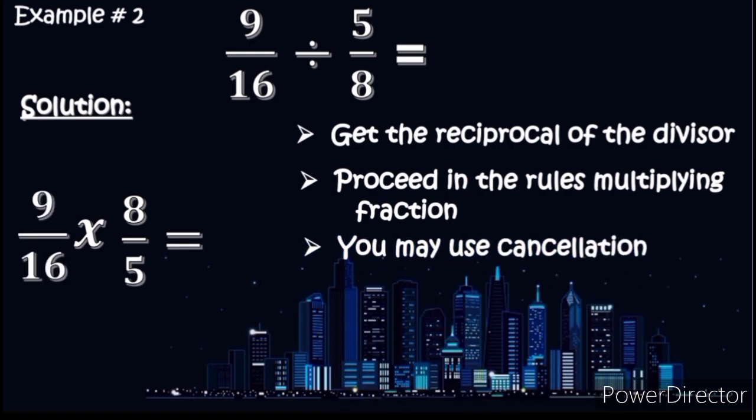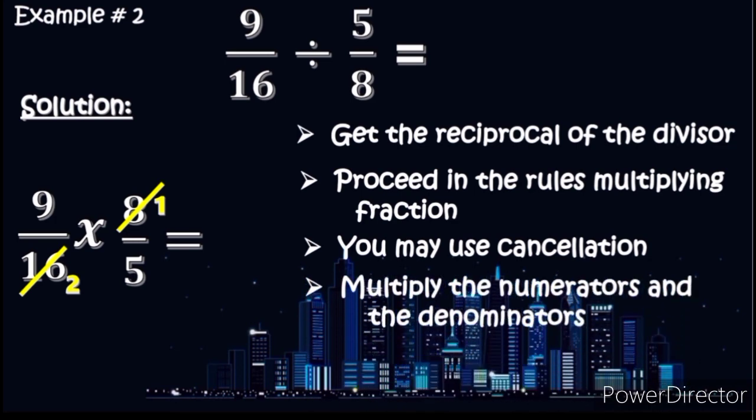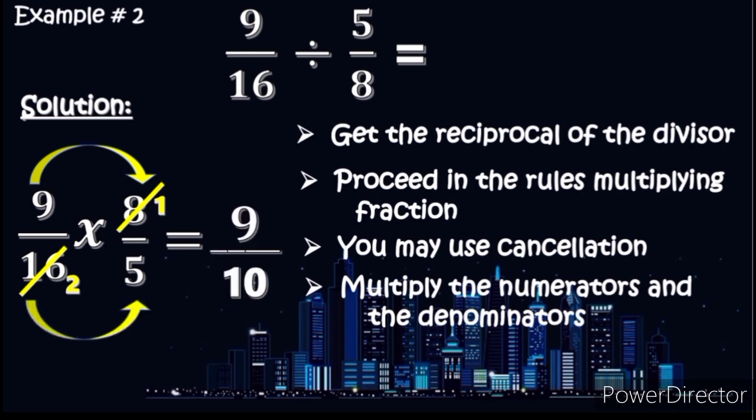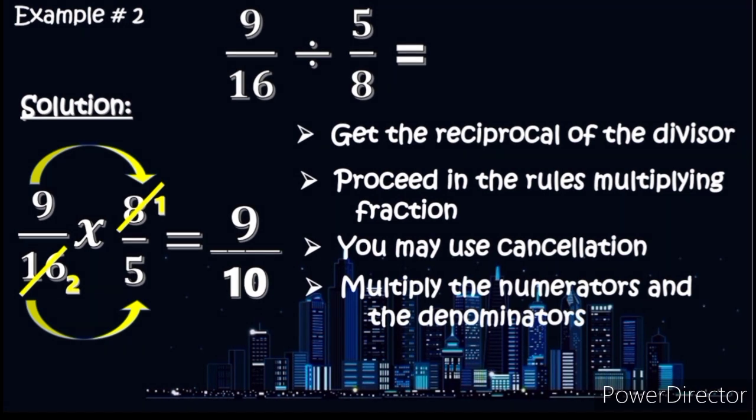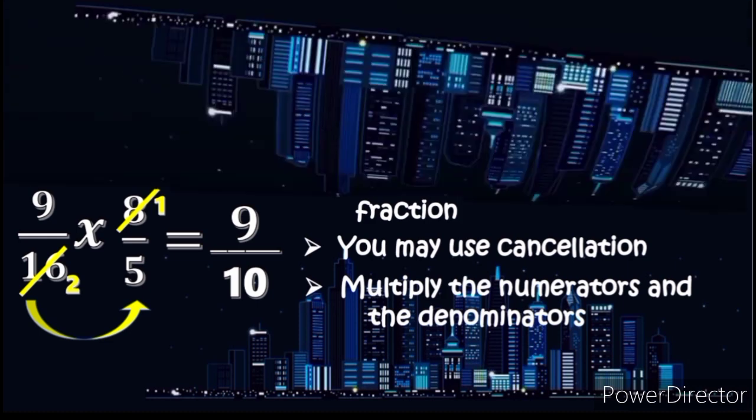Now you may use cancellation. 16 and 8 are both divisible by 8. 16 will become 2, and 8 will become 1. Now multiply the numerators and the denominators. 9 times 1 is equal to 9. 2 times 5 is equal to 10. So for our final answer, we have 9 over 10.